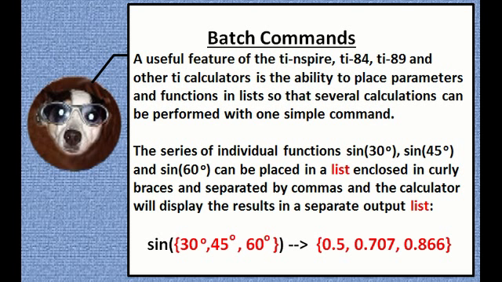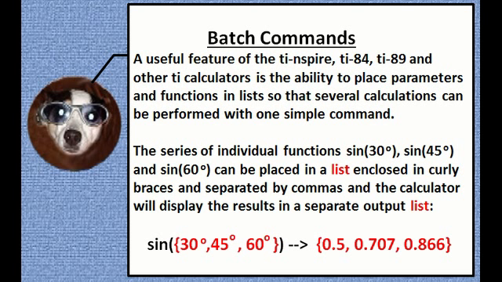Batch commands. A useful feature of the TI-Nspire, TI-84, TI-89, and other TI calculators is the ability to place parameters and functions in lists so that several calculations can be performed with a single command.